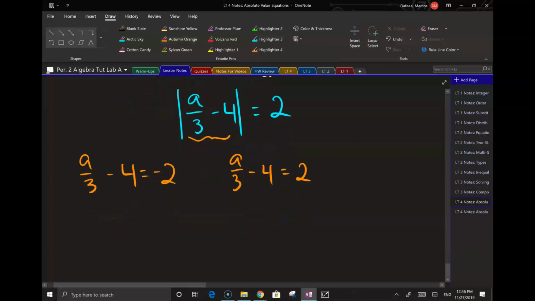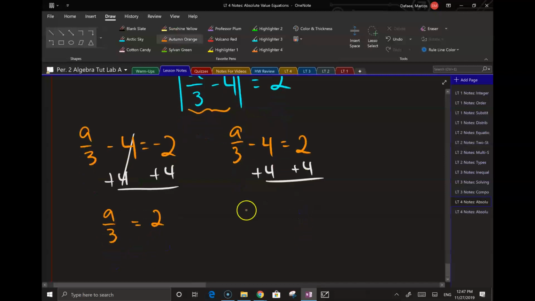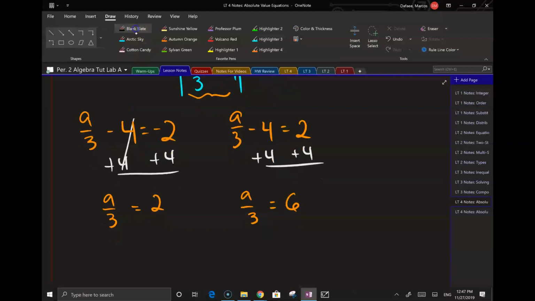So if we do that, the first thing to do would be to add 4 to both sides. So plus 4, plus 4. Again, you can do it everywhere at once, just to save time. So what we get is a number divided by 3 is equal to positive 2. And a number divided by 3 is equal to positive 6. And now we undo division.